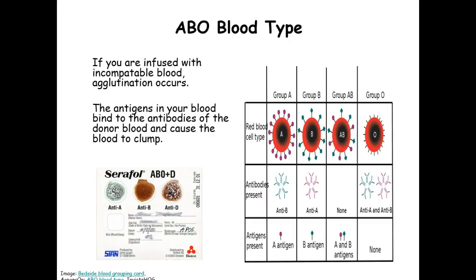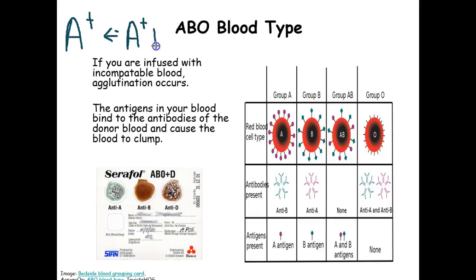Let's do one here. So you have an A RH plus person, and who can they receive blood from? So that means who can they get blood from? We can give it to them from A plus, right?